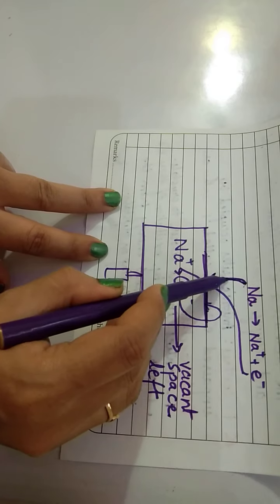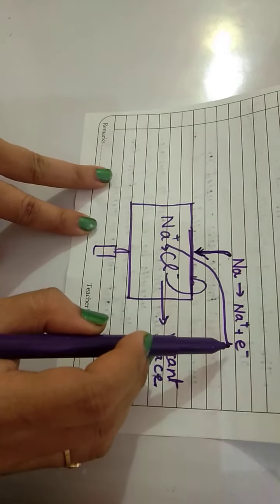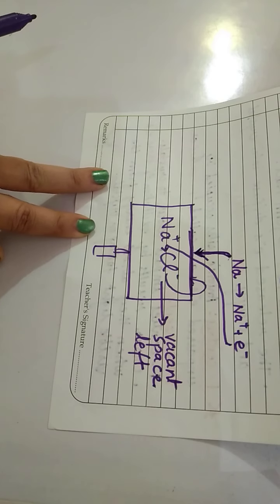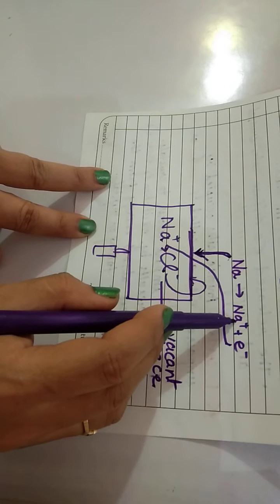Now these sodium vapors will dissociate into Na positive and one electron. Now what will happen? This Cl negative is a close friend of Na positive.